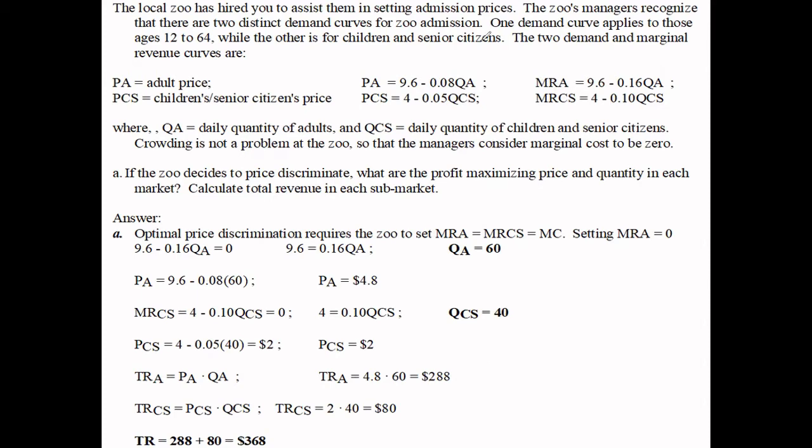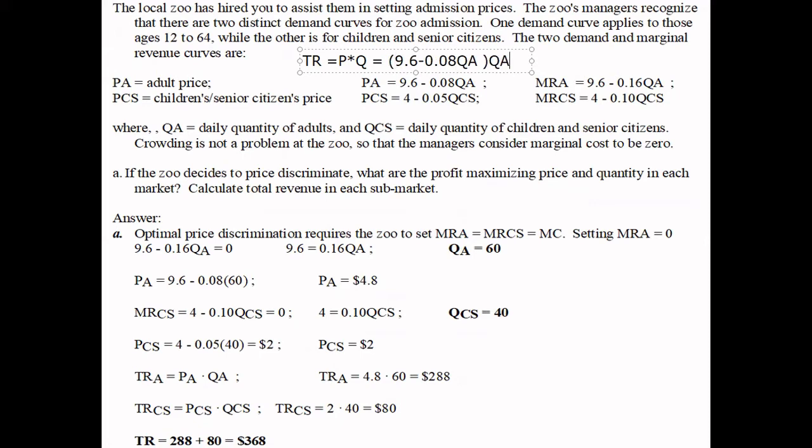How can I get the marginal revenue? As you know very well, total revenue is price times quantity. So if I want to find the marginal revenue, I do differentiation. The total revenue: the equation of the first group is 9.6 minus 0.08 QA, and I multiply all of it times QA.